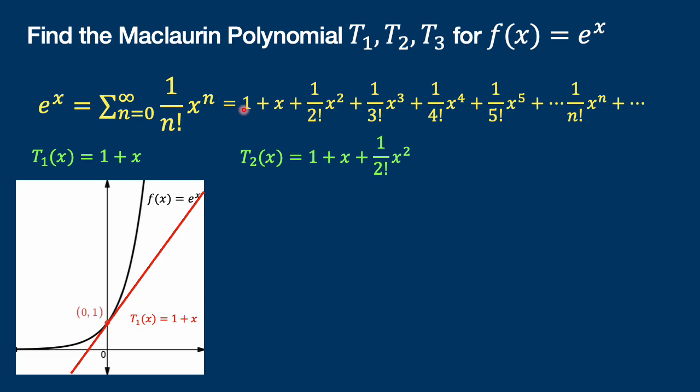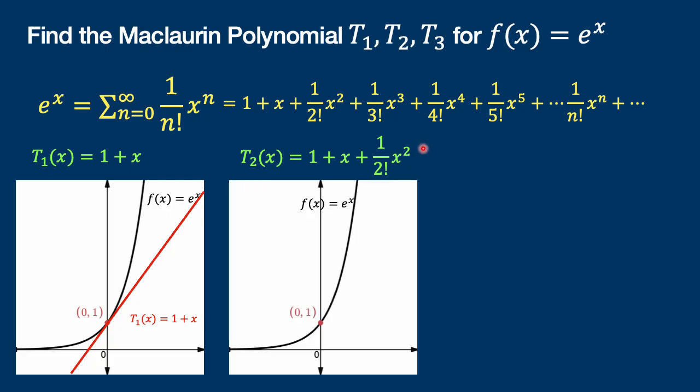We take terms until degree 2 from the Maclaurin series: 1 plus x plus 1 over 2 factorial x squared. That's a quadratic function. Let's see how close it is to the exponential function. Now we sketch the degree 2 polynomial, the quadratic function, right here. It's getting close except on the left side, right?